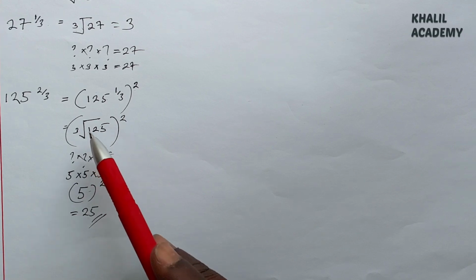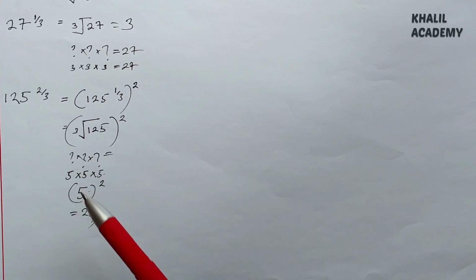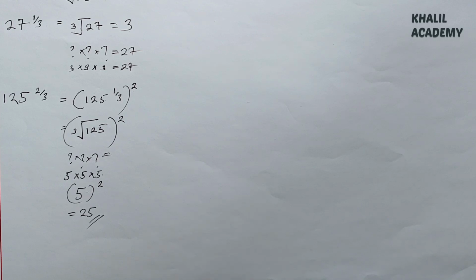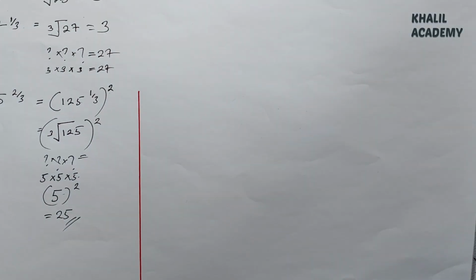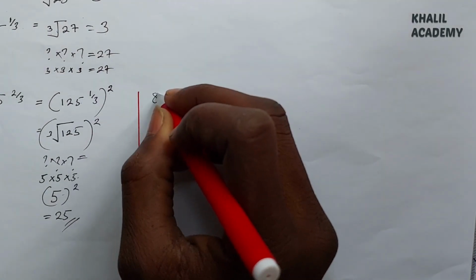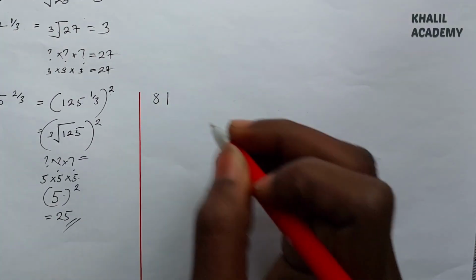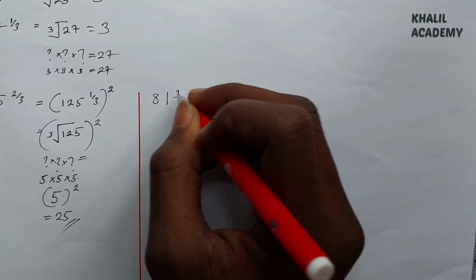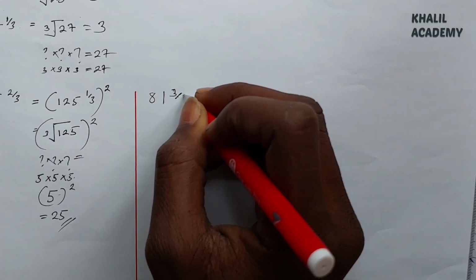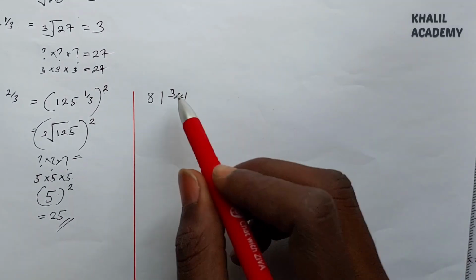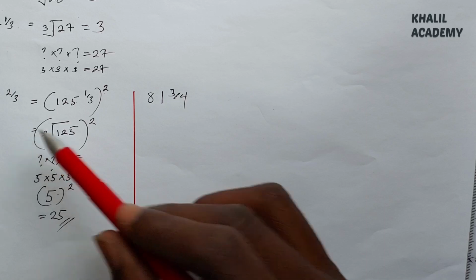Let's take more of this example here. If we have 81 raised to the power of 3 over 4, it's the same as the other example.